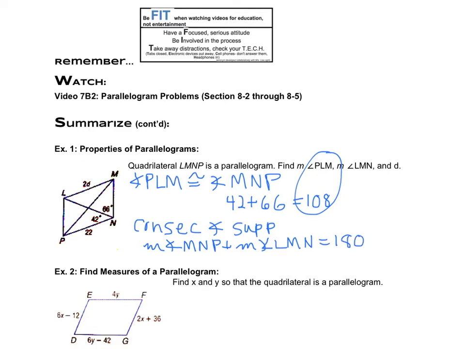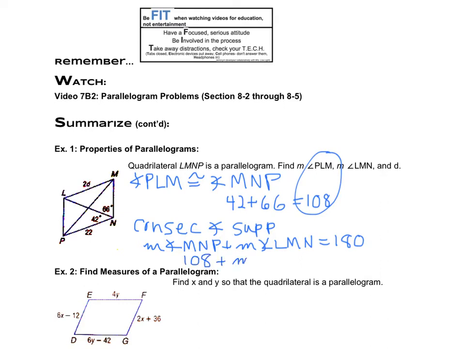And just to go back, again, that's MNP, which is this bottom right angle, and LMN, which is this top right angle, because they are at consecutive corners of that parallelogram. They're supplementary. So going back to our calculation, MNP, which is the same as PLM, is 108.